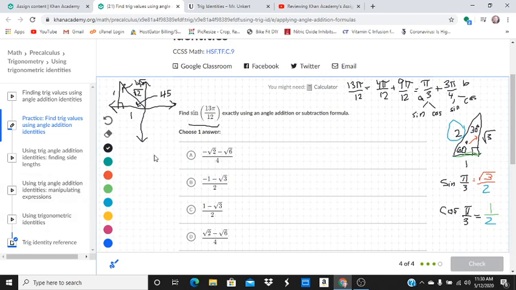Okay, so the sine of 3 pi fourths. Now this is going to be a negative one here because we're on the negative part of the x-axis. So that's one thing we have to take into account. So the sine of 3 pi fourths is going to equal the side opposite the reference angle, which is the angle off the x-axis. So the side opposite that is going to be 1 over the hypotenuse, which is the square root of 2.